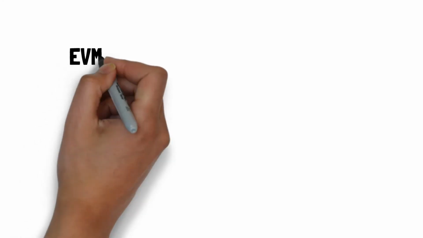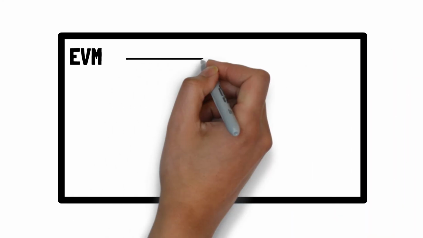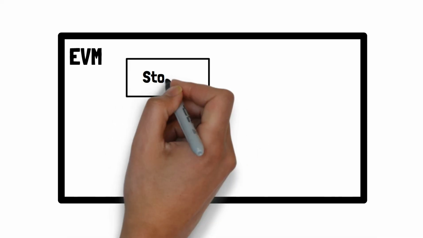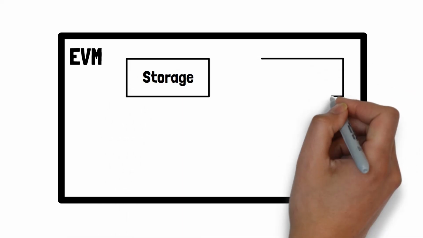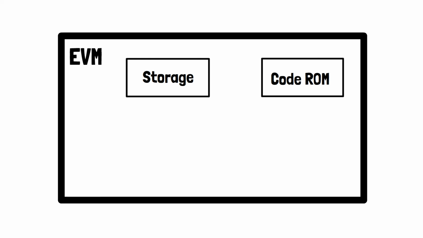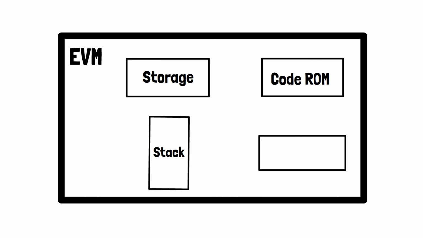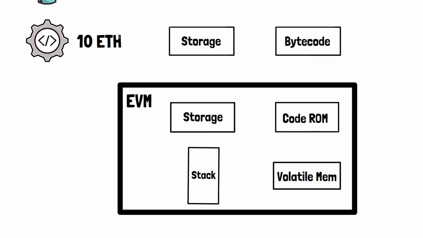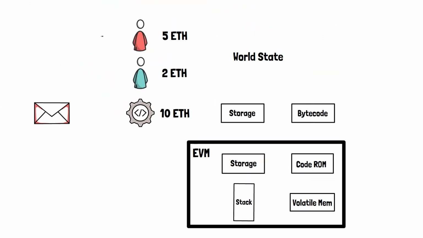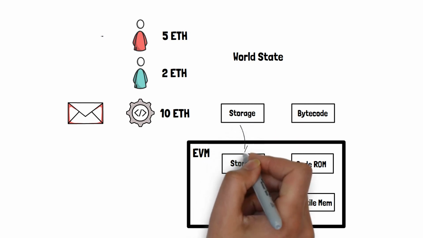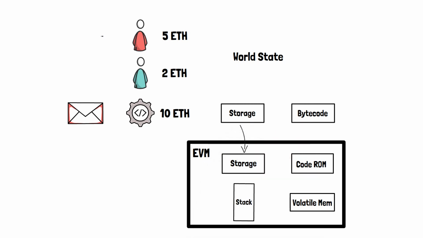The EVM consists of the following parts: storage to save certain information persistently, a simulated code ROM that contains the program that is executed by the EVM, a stack data storage structure, and a volatile memory. When a transaction that is addressed to a smart contract is executed by the EVM, the content of the storage of the world state is copied into the EVM.